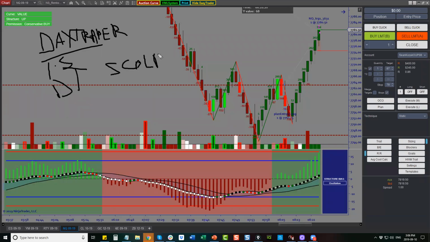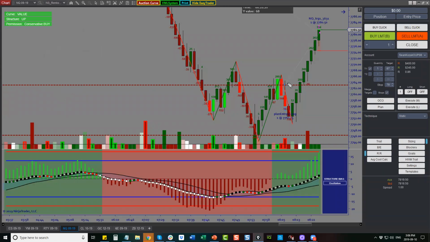It all just depends on your objective. And in this scenario, this is not a scalp, that's a day trade. Scalping would be maybe holding for 10 ticks. And you're in for 10 ticks.